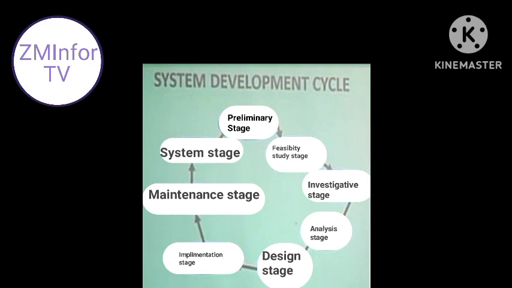At this very feasibility study stage, it seeks to address: is this project we are intending to embark on achievable? You know, for you to venture into anything, you need to know whether it's achievable. And that's when you start making feasibility studies.